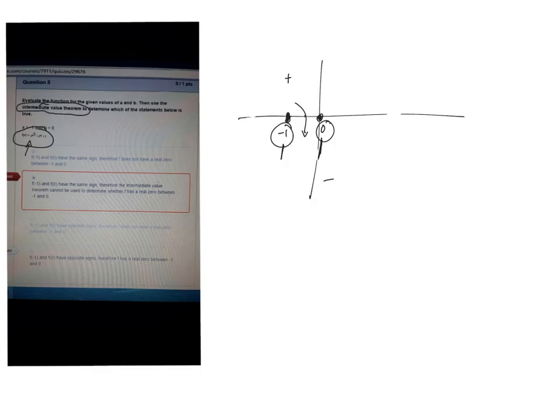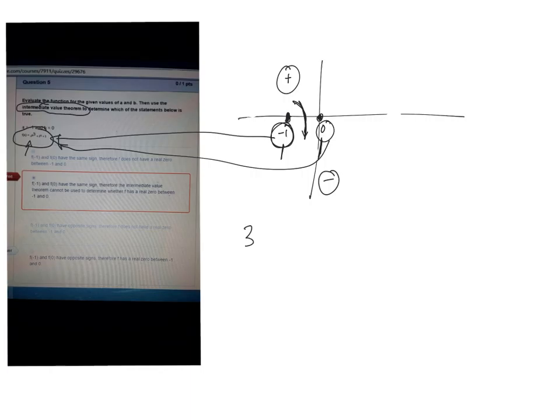But according to the intermediate value theorem, if plugging -1 into the function comes out positive, and plugging in 0 gives a different sign, then it has to cross somewhere in between. So let me show you how to do the first one.